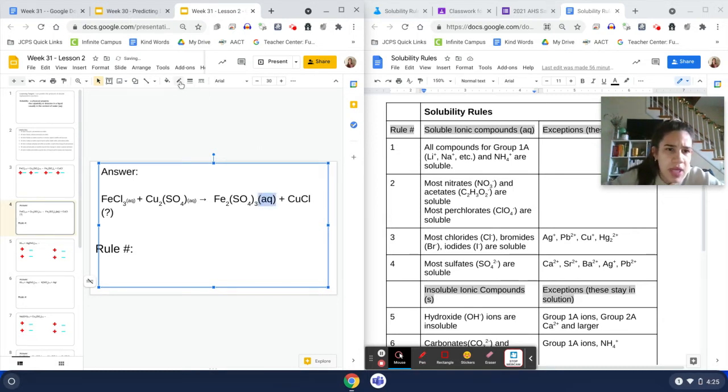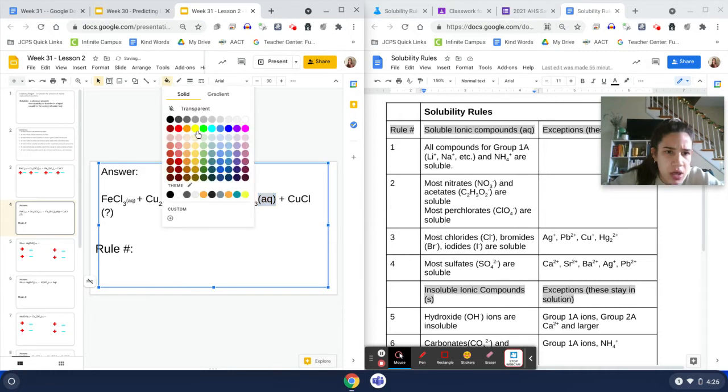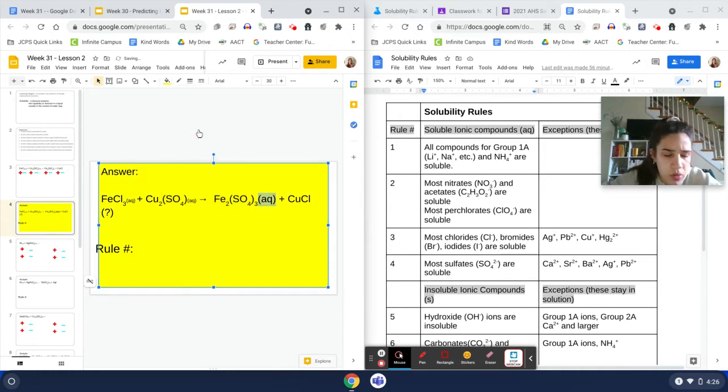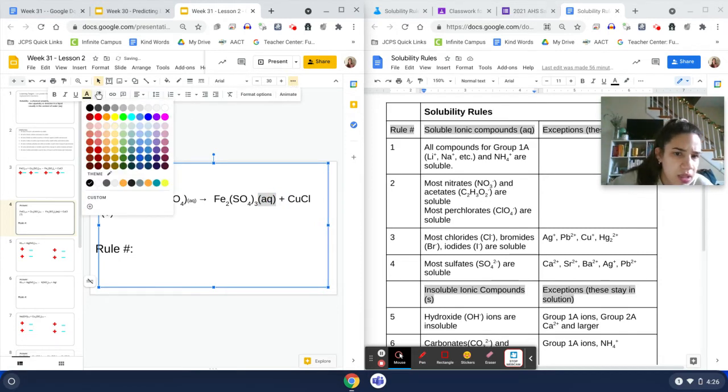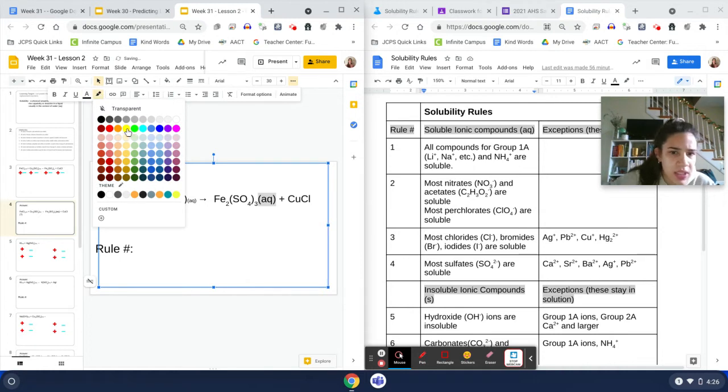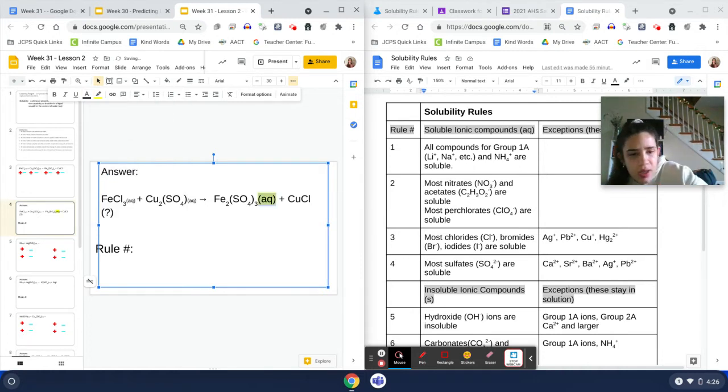Now, when we get to our CuCl, we're going to look down our list. While we look down that list, we get to our chlorides, bromides, and iodides. Rule number 3 says they are generally soluble. But then we have to identify that Cu is an exception.